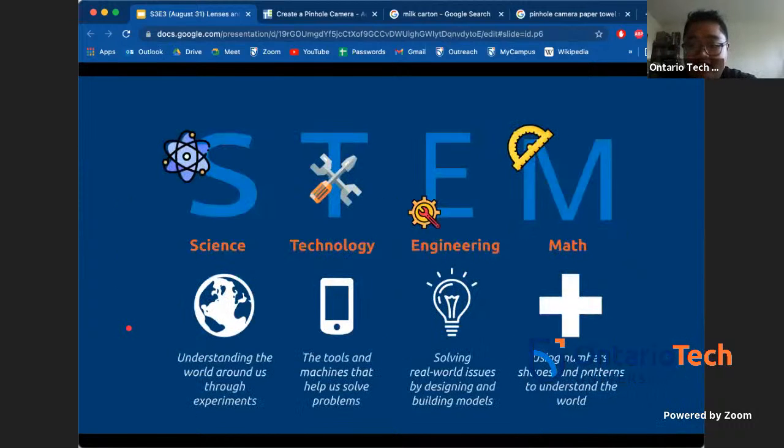We've seen this a lot before: science, technology, engineering, and math. Just to quickly go over it, science is understanding the world around us through experiments. I like to think about science as a circle like the earth, filled with human knowledge that humans have learned through the history of mankind.